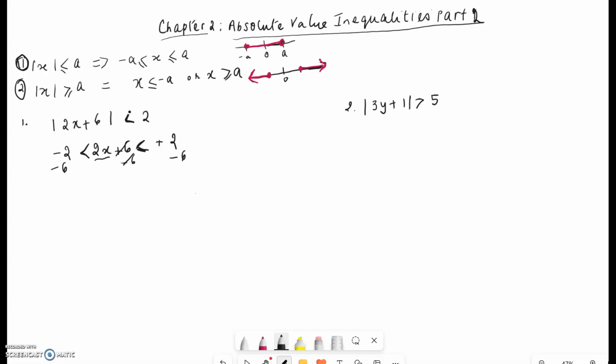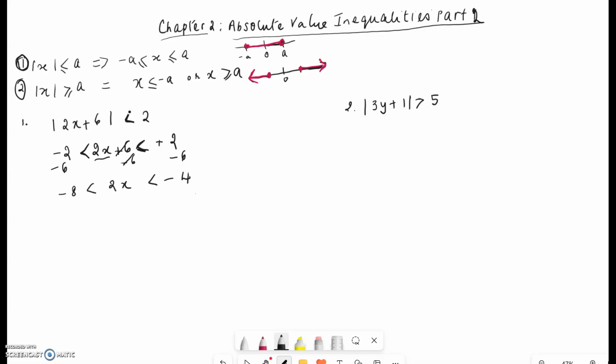We want to get x by itself in the middle. So -2 minus 6 is -8, less than 2x, less than -4. So adding a constant on both sides of an inequality does not change the direction of the inequality.